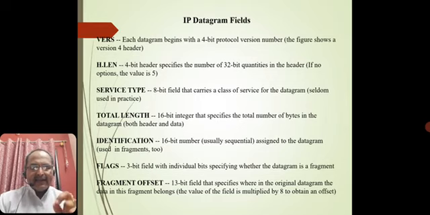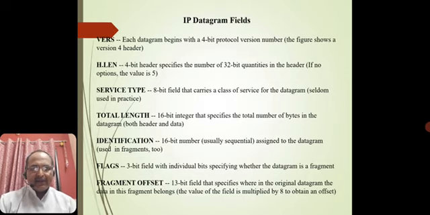And HLEN is a 4-bit header length specifier, counting the total of 32-bit quantities in the header. If there are no options, the value is 5. And the service type, as I said, is 8 bits that carries a class of service for the datagram, which is seldom used in practice. There are many service types that we need to indicate before sending an IP datagram.